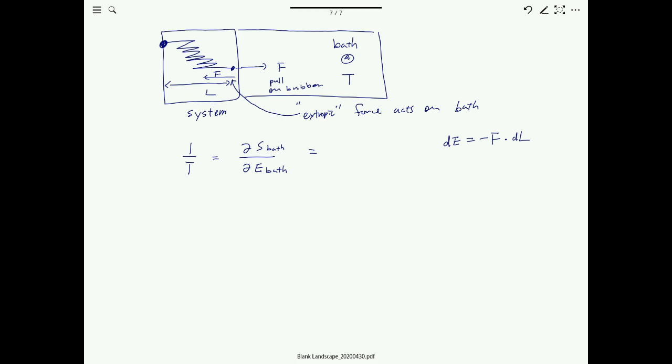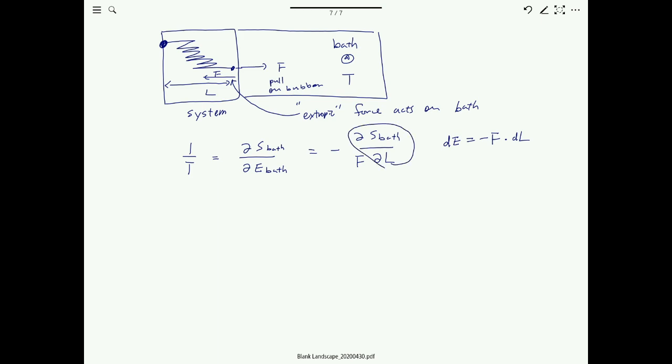So in this case, I can replace this partial E by F dl. That means it's 1 over F and the partial L.